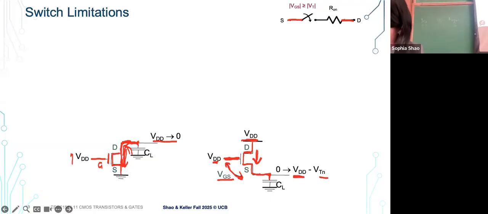Now the output node is connected to the source node here. For NMOS, electrons flow from source to drain, but the current flows from drain to source. To have a conducting channel, there must be a voltage difference between the gate and the source.